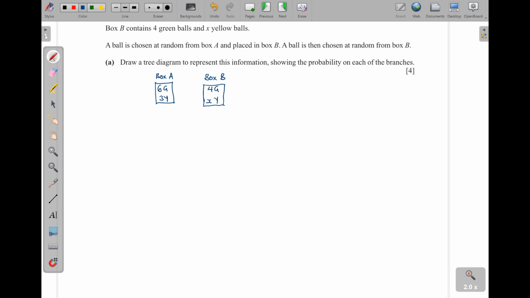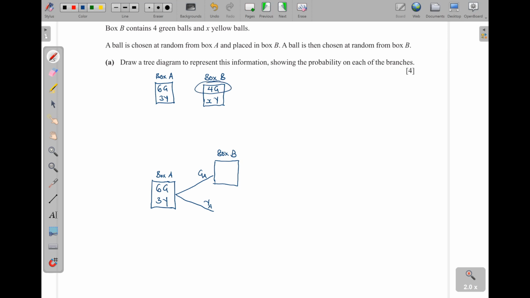Okay, I'm having here box A. We have 6 green, and then we have 3 yellow. Now, when picking anything from here, it can either be green, I'll put GA, green from A, or it can be yellow from A. Now, when I pick green from A and then I put it in box B, our box B has 4 green.